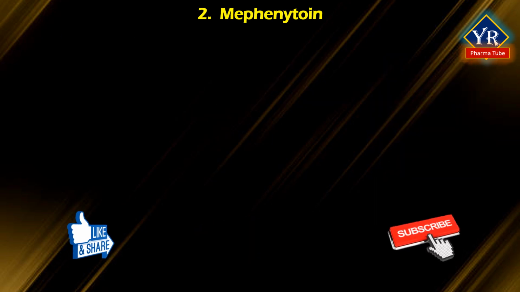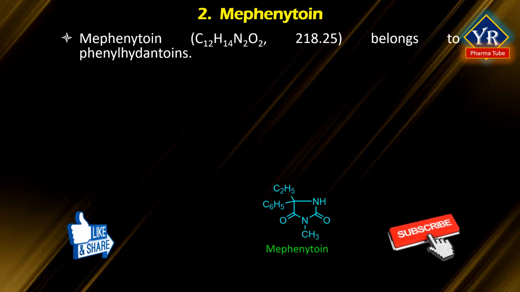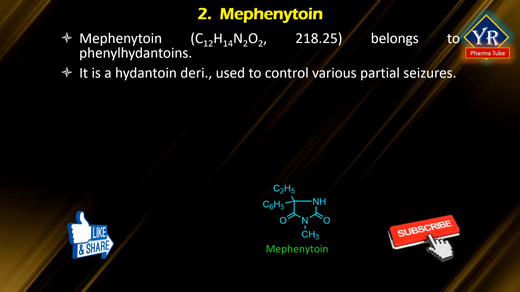The next drug is Mephenytoin. Mephenytoin is an anti-epileptic agent and belongs to the category of phenylhydantoins, which are heterocyclic aromatic compounds containing an imidazolidine dione moiety substituted by a phenyl group at C5. It is a hydantoin derivative anticonvulsant used to control various partial seizures.